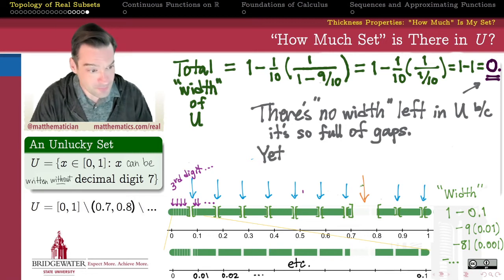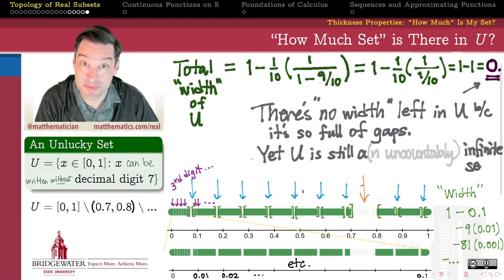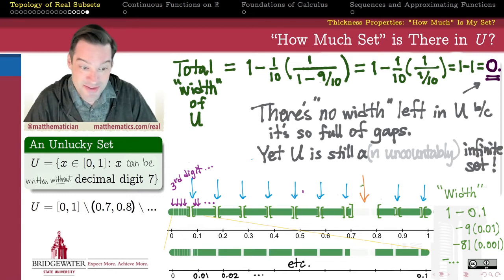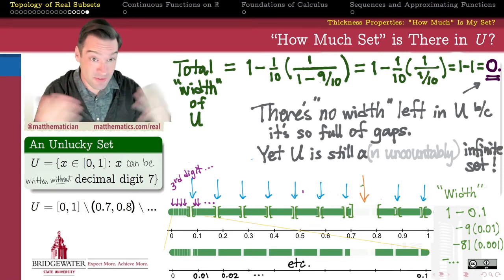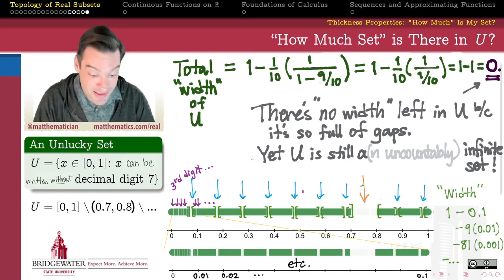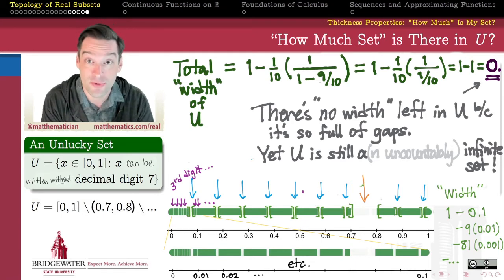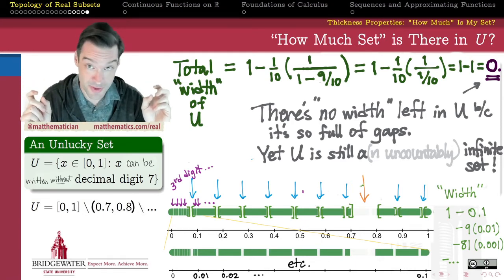And yet, we can also convince ourselves that because I still have all the rest of the decimal digits, 0 through 6 and 8 and 9 to work with, this is still an uncountably infinite set. So I have a set of real numbers that has uncountably many, infinitely many real numbers in it, and yet it is so riddled with holes, it is so Swiss cheesed by taking out all those things that have 7s in them, that its total width is somehow equal to 0.